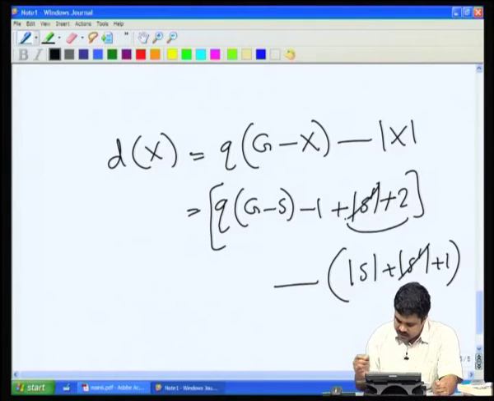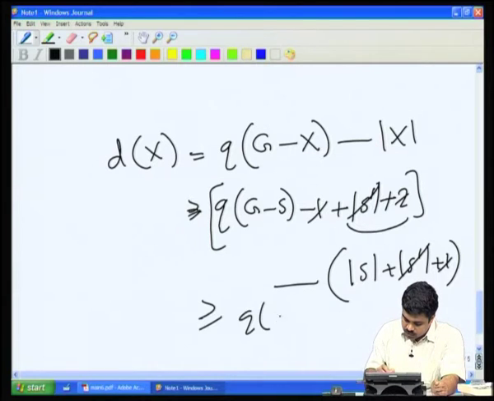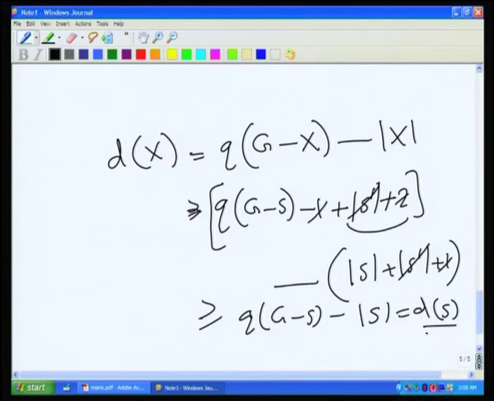So, this S dash gets cancelled, and then here a minus 1, here a minus 1, this cancels with this. So, we will get that this is greater than or equal to q of G minus S minus S. So, this is d of S. So, what we get is d of x is at least d of S. But of course, it cannot be strictly greater, because d of S is already taken to be in F, that means this was the maximum value.